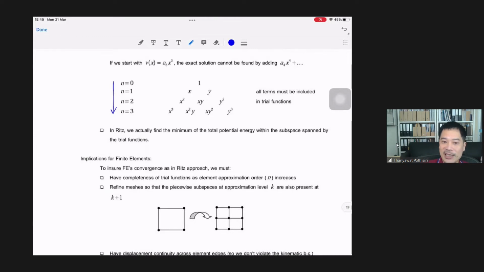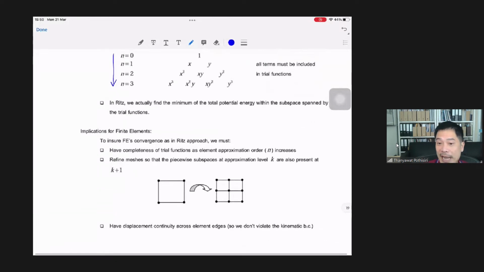We have discussed this previously. Within the element, you have the limitation of the approximation function for your displacement. But by using a larger number of elements, for example, if you have a constant strain element, within each element you have constant strain. But if you use many elements, then this constant can eventually approximate any distribution of strains as well.